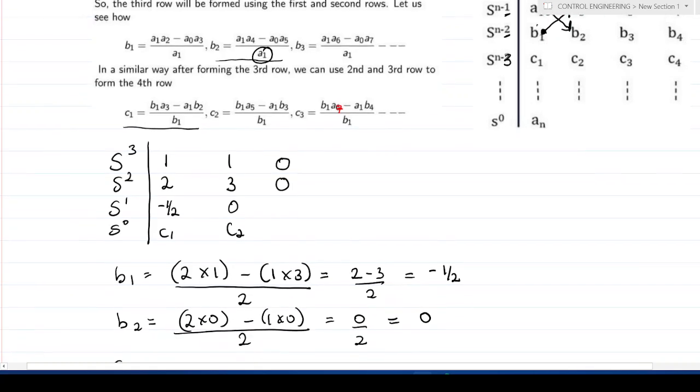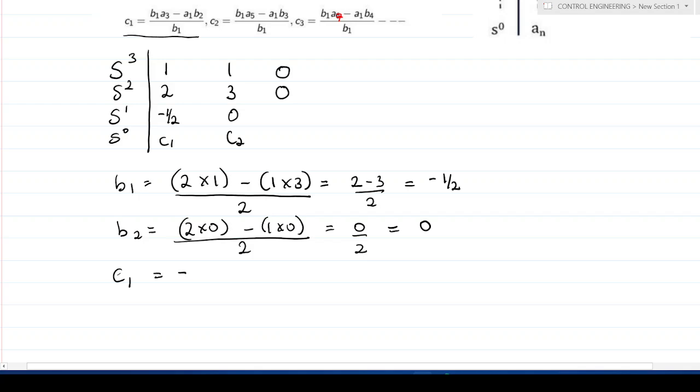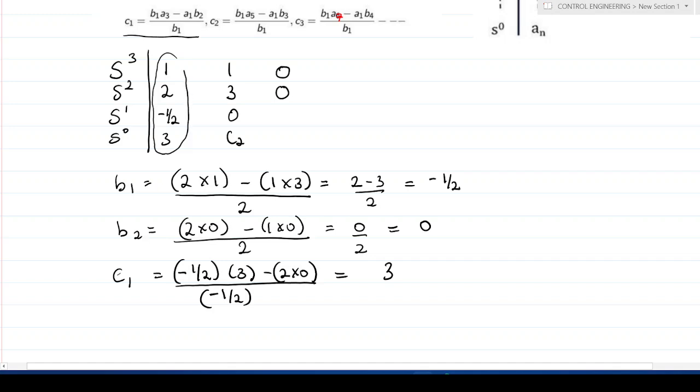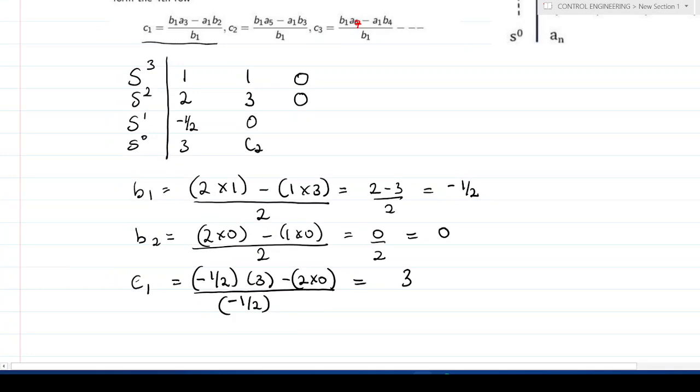So that will be minus half times 3 minus 2 times 0, all over b1, minus 1 over 2. Using your calculator, you're going to get 3 as your answer. Let's write 3 here. Now, remember, I told you we're only interested in the first column. Now that we've gotten the first column completely, we can check how many poles we have on the right hand side.